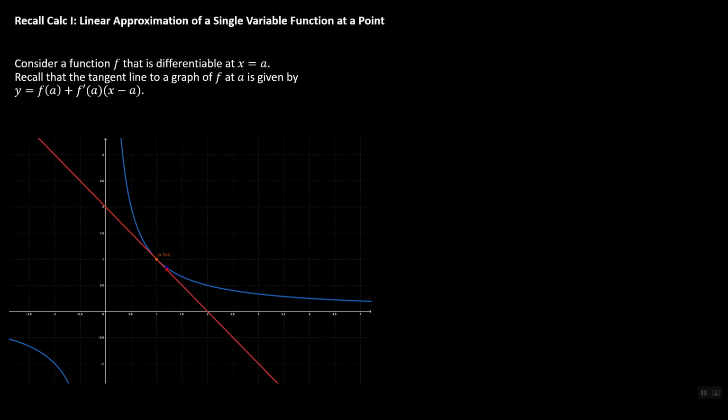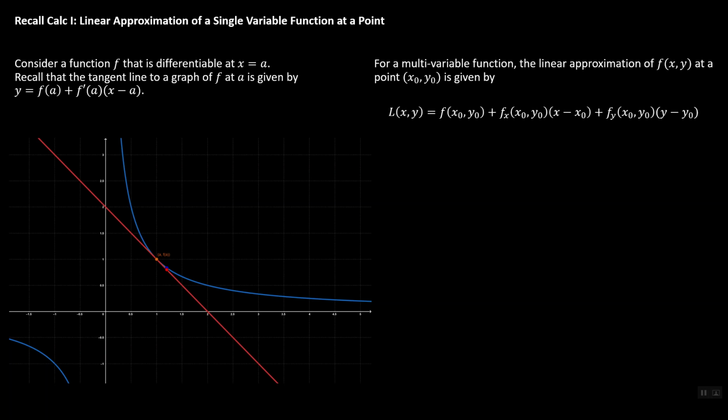So in Calc 1, we used the tangent line to make approximations, but in Calc 3, we're going to use the tangent plane. And if you look at the function L on the right-hand side of the screen here, this is definitely the equation that we were using for the tangent plane.